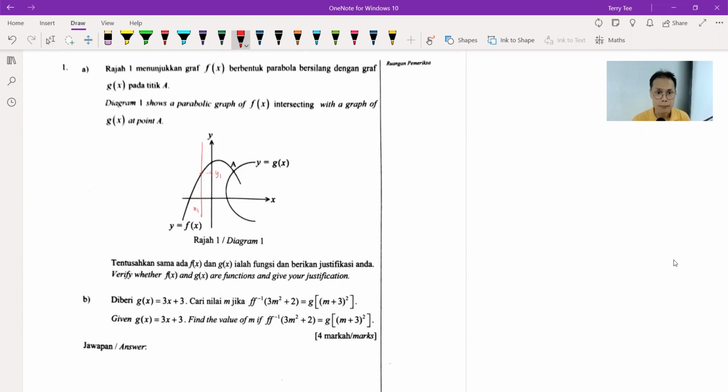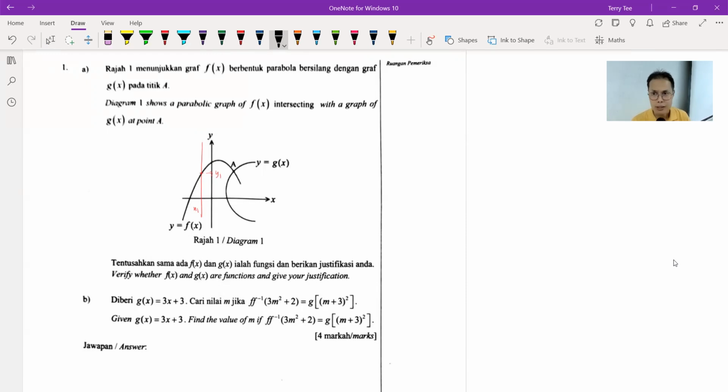You may have multiple x values mapping onto the same y value if you draw a horizontal line, but that's not the main thing. What we want to know is whether every object has only one image. Remember the definition of function: a function is a relation for which every object has exactly one image, or every x value has only one y value.